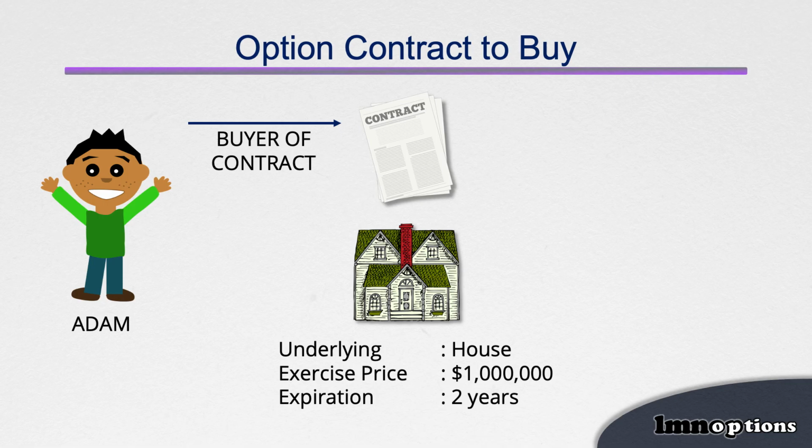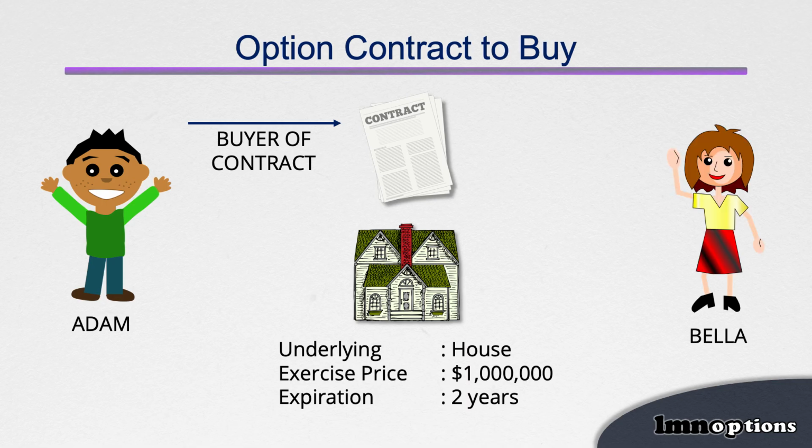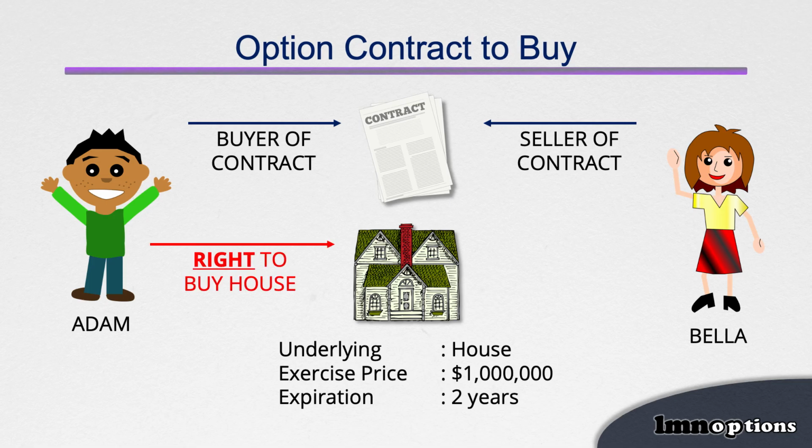And Adam has bought this contract from Bella. So that would make Bella the seller of the contract. As the buyer of the option contract to buy the house, Adam has the right to buy the house at the exercise price before the expiration of the contract.